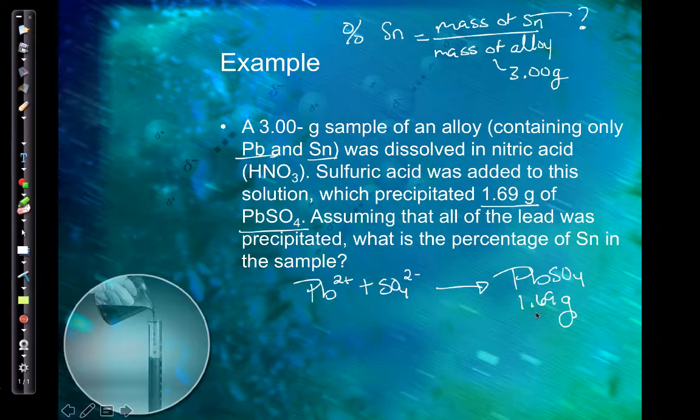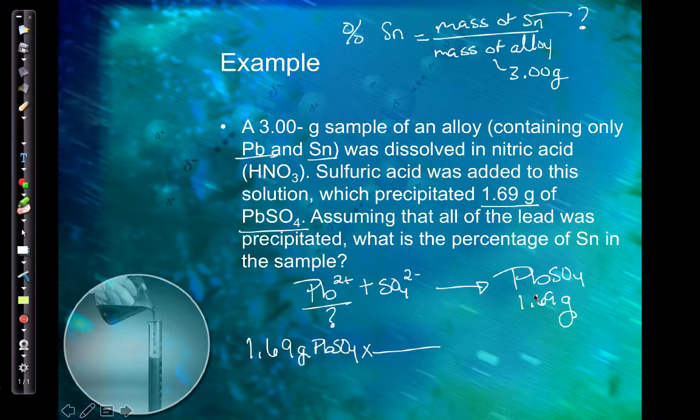If I was given the amount of lead sulfate, can I figure out how much lead led to the 1.69 grams? I'm going to start with my precipitate: 1.69 grams of lead sulfate. Let's figure out how many grams of lead it took to make that lead sulfate, so let's go to moles.